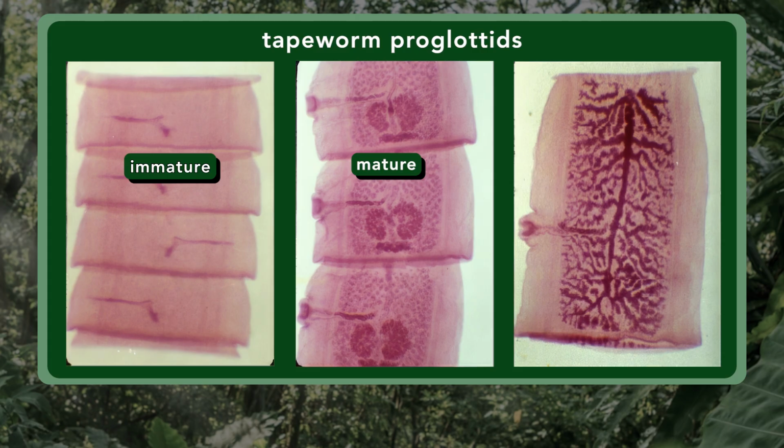And finally, after they've managed to sexually reproduce with another tapeworm laying alongside them, they become gravid and they're ready to produce eggs. As these proglottids continue to move down the body of the tapeworm, they become more and more mature until they reach the very end of the tapeworm when they're ready to go, totally gravid. And once they reach that end, they drop off the strobila to be passed out of the host's digestive tract.